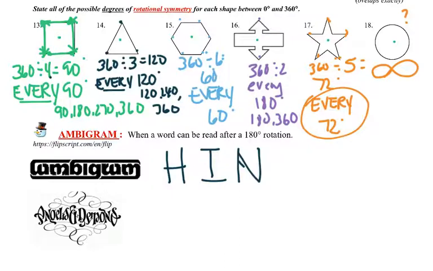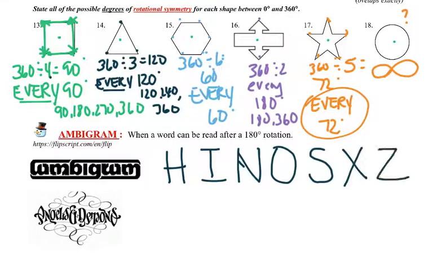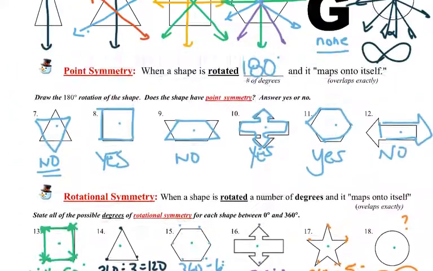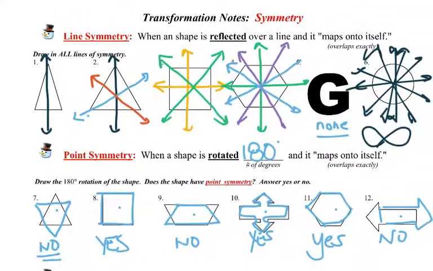It's hard to see that, but it is. O, yes. P, no. Q, no. R, no. S, yes. T, U, V, W, X, Y, Z. All those letters, if you flip them upside down, they have point symmetry, or they're the same. So that is our last section on symmetry.